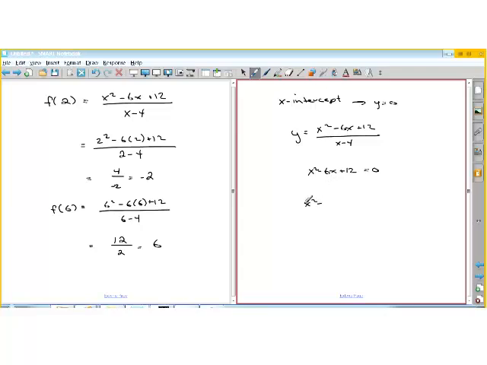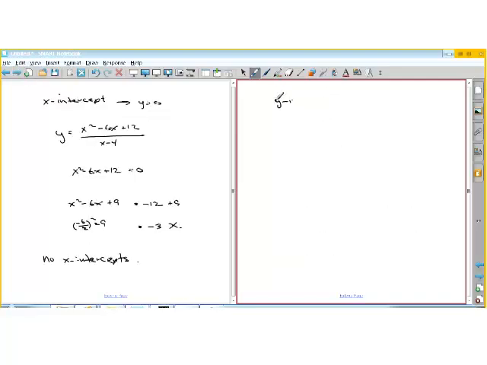I don't think so. So we take x squared minus 6x equals negative 12. And you take half of that and square it, you get negative 3 squared, which is positive 9. You add 9 on both sides, and you get a negative number here, which means there are no x-intercepts. There are no values of x where the numerator goes to 0. So we can say no x-intercepts.